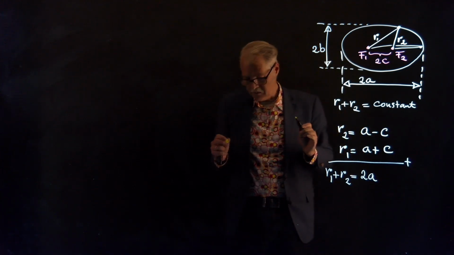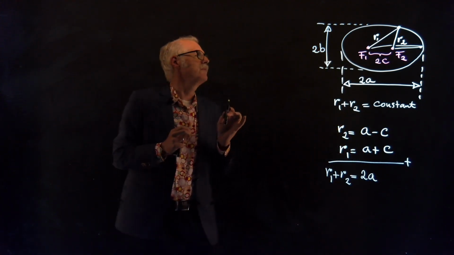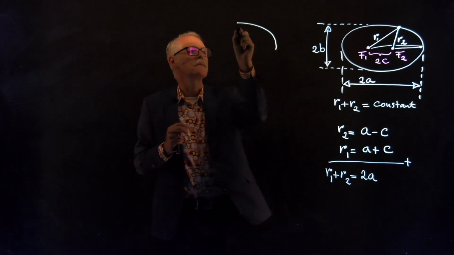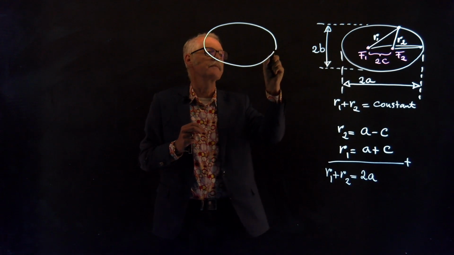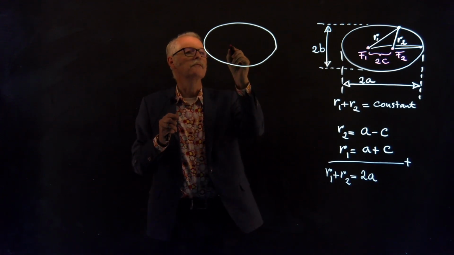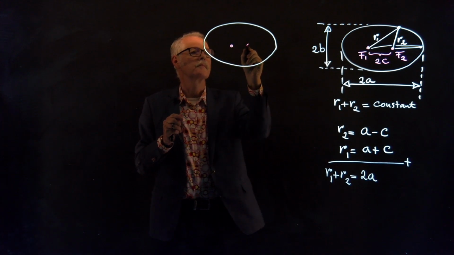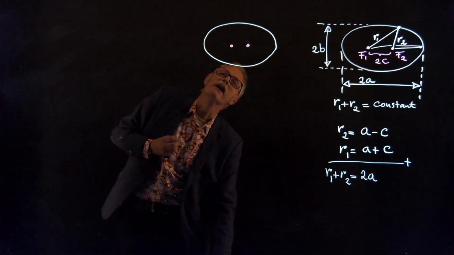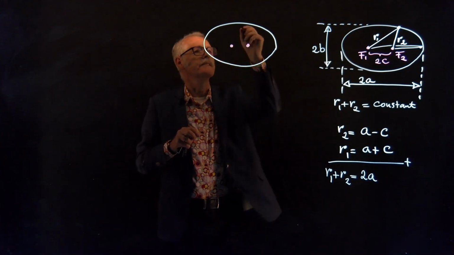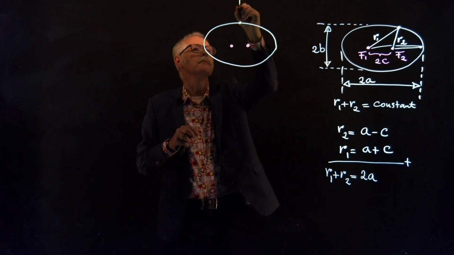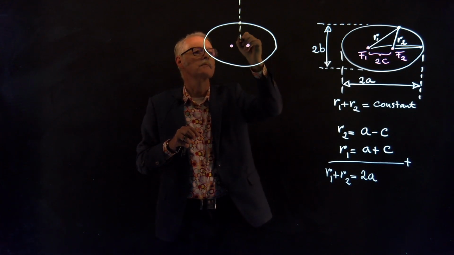We can also establish a further relation between a, b and c. So let's draw the same ellipse here again, with its two focus points. Now suppose that we have a look at this point which is in a kind of symmetric position.